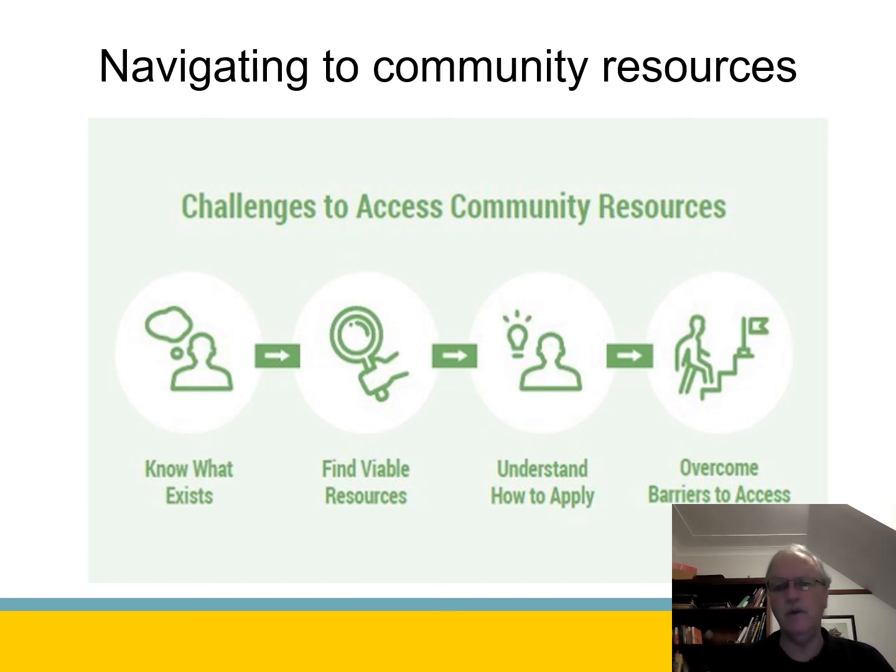It's often as we work with patients to access those programs or services that we need to really discuss with the patient what barriers they might experience, which could be transport or concerns about cost or how appropriate the program is going to be for them.